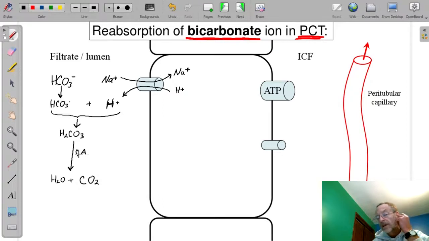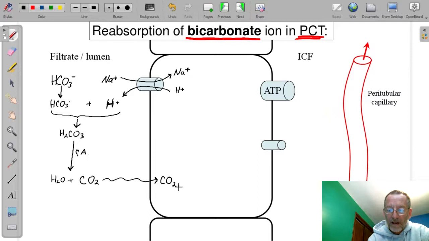Okay, so we've taken the bicarbonate, broken it down into water and CO2, and the CO2 is then able to diffuse through the cell membrane by simple passive diffusion. And then we just do the reverse. Remember, we're trying to reabsorb bicarbonate.